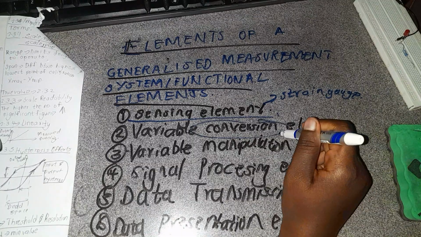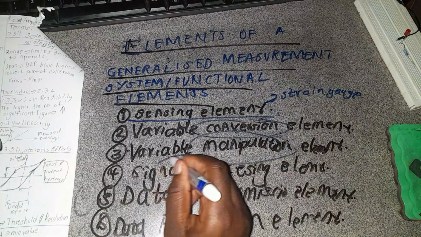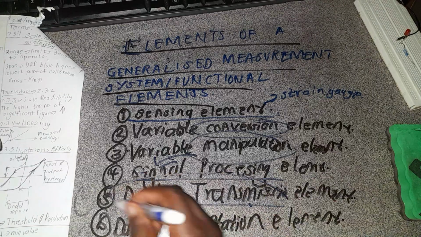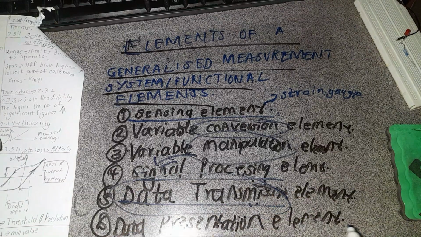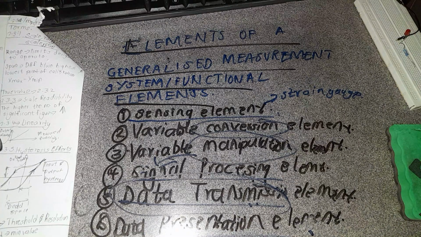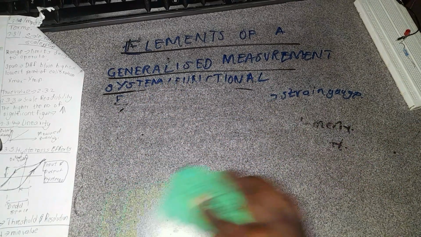After conversion, we can manipulate the signal to our liking so that we can process it and then transmit it. And after it is transmitted, we can present the data in our desired form. So I thought in my mind all these things are connected, and that is why they can even be represented in a flowchart.